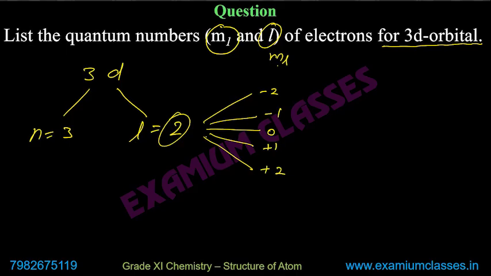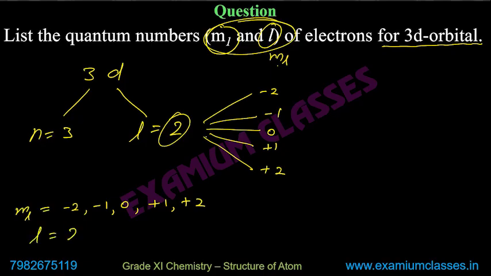The answer will be, you have to list ml and l. ml you will list -2, -1, 0, +1, +2, and l is 2. That is what you had to write.